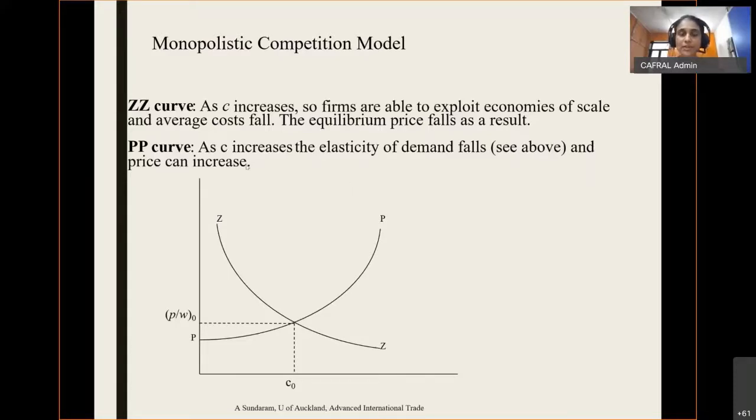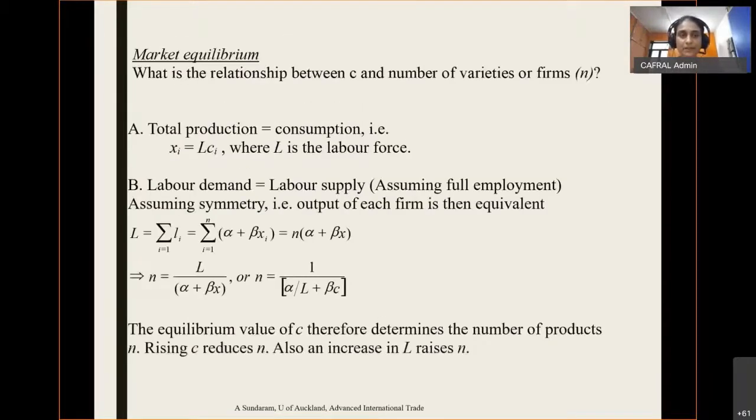If the elasticity of demand falls, price goes up. So that's your PP curve. Now we put both of these together and derive the equilibrium price relative to wage in the economy, and C naught, which is the consumption of each variety of the product.